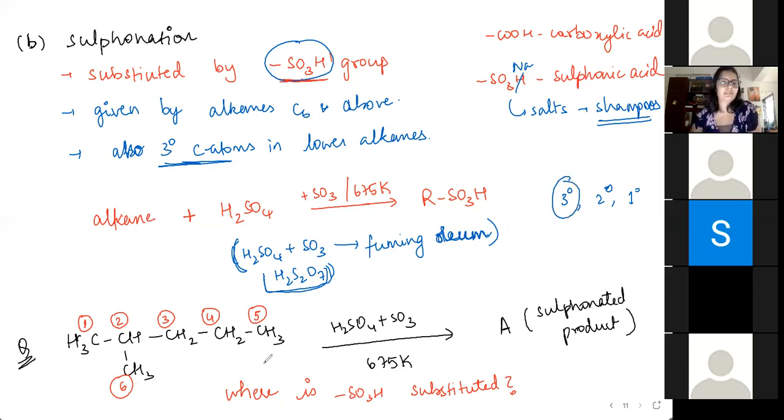So in this compound, do you have a tertiary carbon where substitution can happen? The second carbon. There you go. So the preferred substitution will happen on carbon number 2. So your final product is going to look like this. You have CH3, C, you have SO3H, and the rest of it will pretty much be the same.